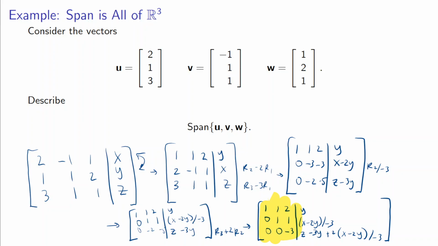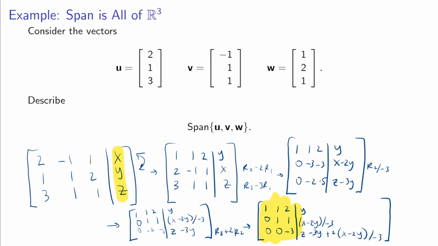If we wanted to discover specifically what that solution would be, we might keep going with this. And then, you could tell me what x, y, and z are, and I could figure out what C1, C2, and C3 are in order to get that particular linear combination. But this is going to get really ugly in general. If you ever wanted to do that, I would recommend setting x, y, and z to those specific numbers, and then reducing.